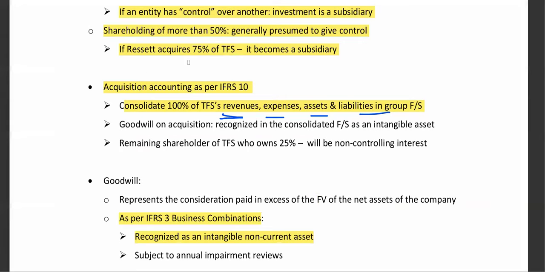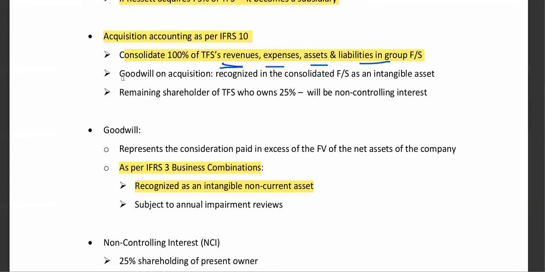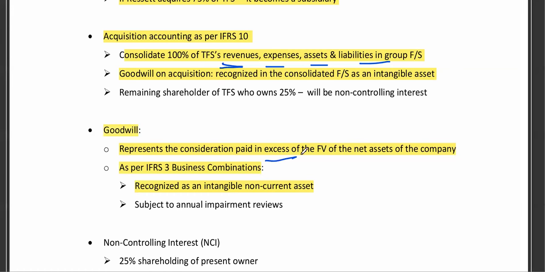So remember, you need to explain goodwill, right? And goodwill is an intangible asset. And remember, it is the extra price or the consideration that we pay to acquire a controlling stake in the company. So this is calculated as the excess of the fair value of the net assets of the company. So assets minus liabilities would give you the net assets of the company.